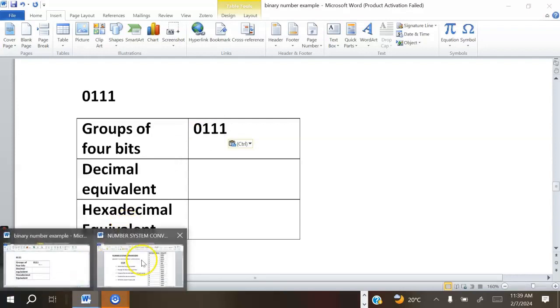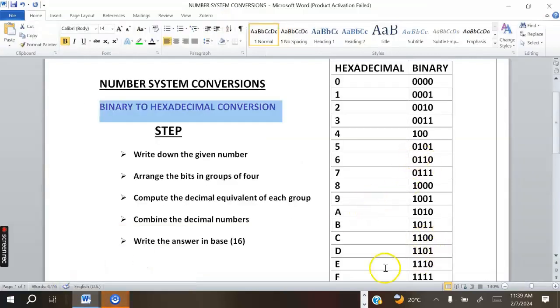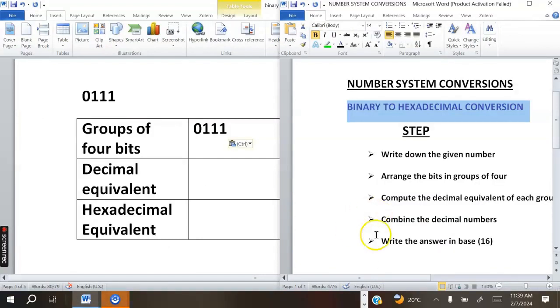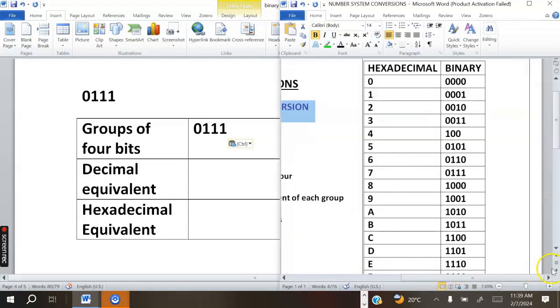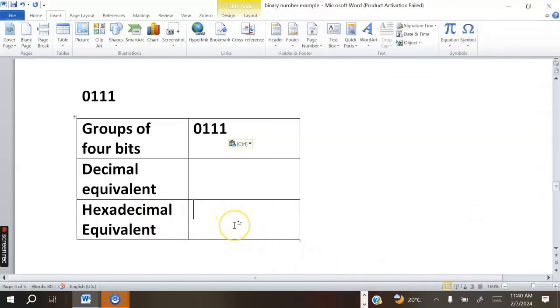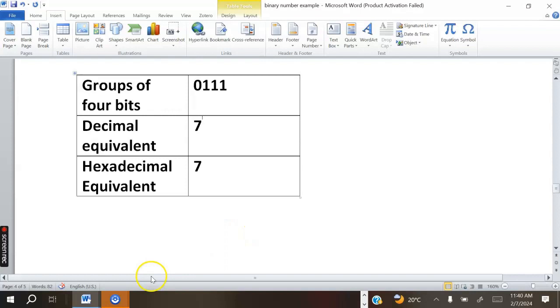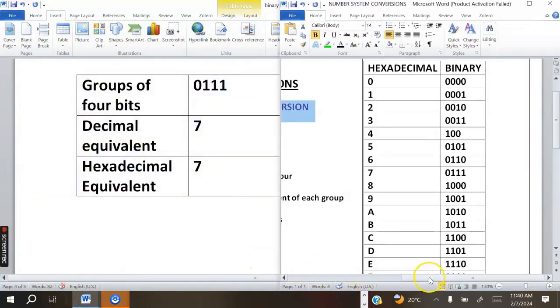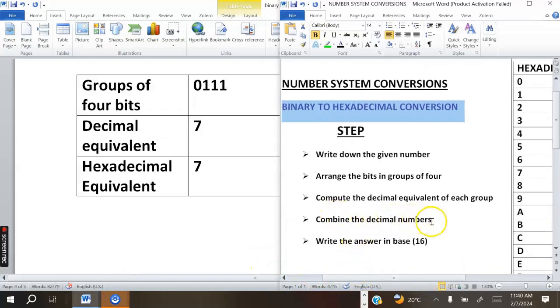Okay, let's go directly to the table so that you can have a comparison. So we have the value 0111, which is equivalent to 7. For the hexadecimal, it gives us 7, and 7 for the decimal is also 7. Therefore, as per the instruction, after you combine the decimal numbers, you are supposed to write your answer in base 16.